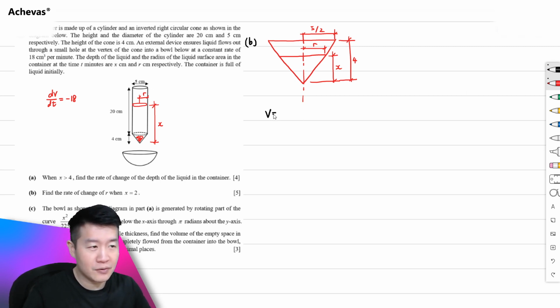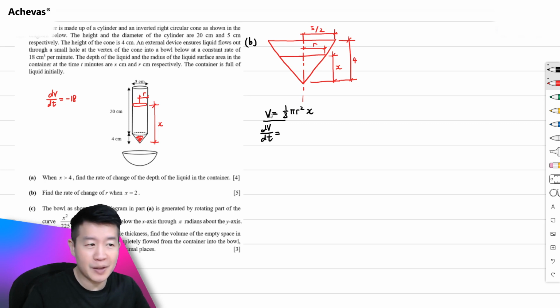at V first. V is the volume of the liquid that is inside, which is 1/3 pi r squared x. The height is x, and we are supposed to work on the rate of change. So I suggest that you take this equation as it is and then just do a dV/dt.